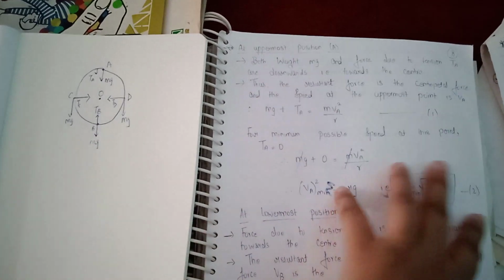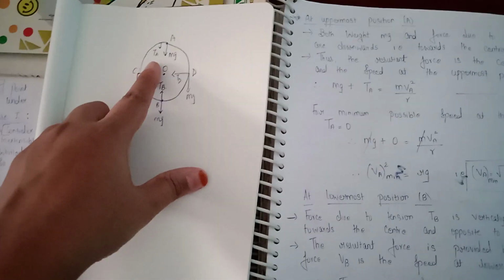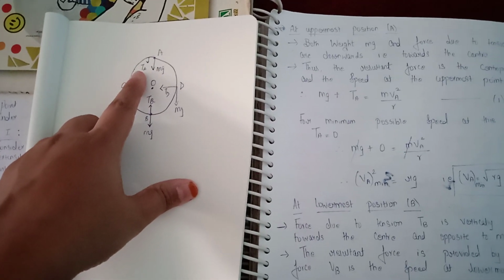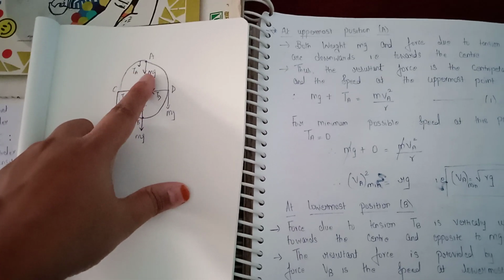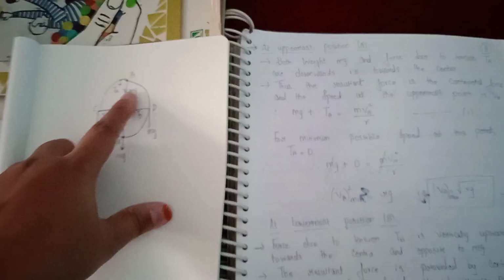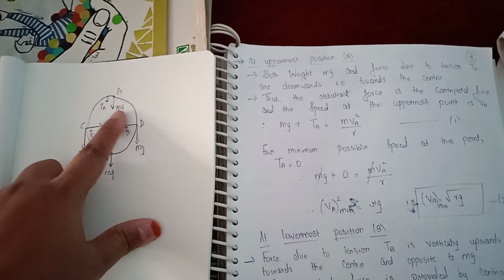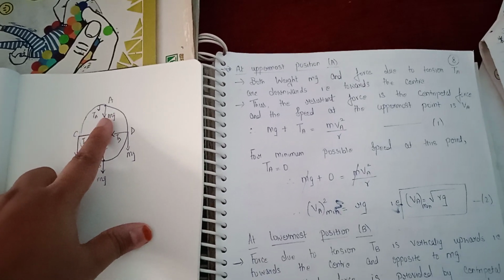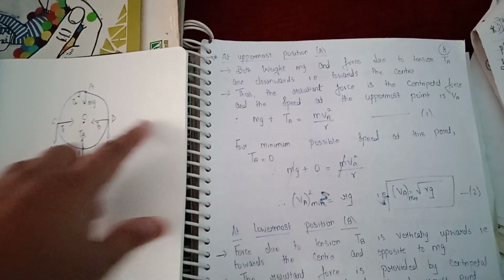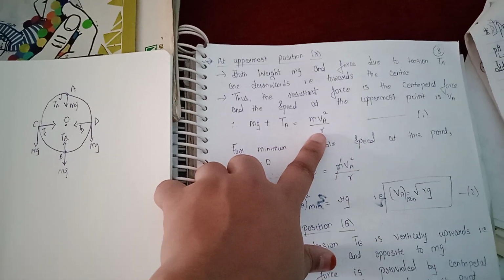At the uppermost position A, both weight mg and the force due to tension are in the downward direction, and both are moving towards the center. So you are going to add this: Ta plus mg is equal to m v square upon r, which is the centripetal force.